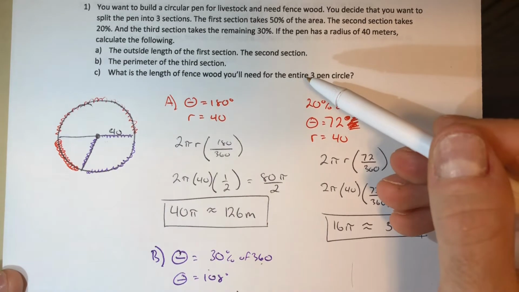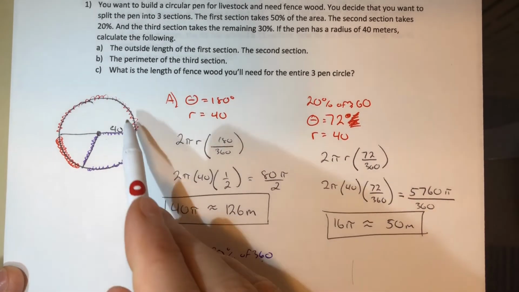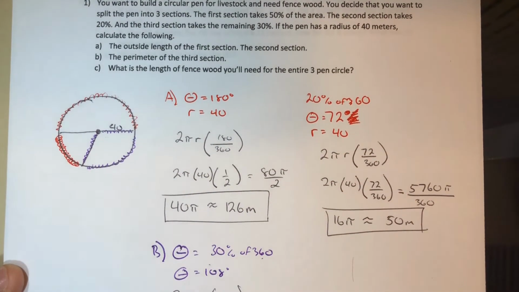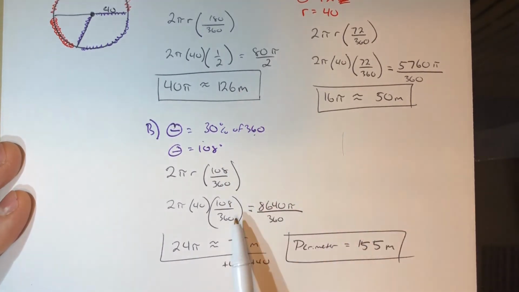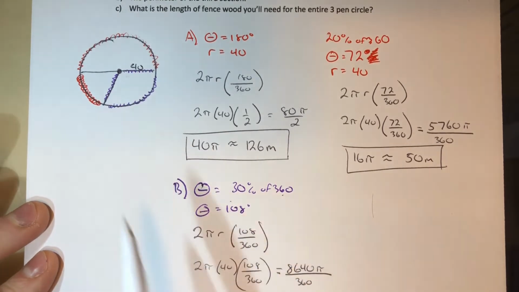What is the length of the fence wood you'll need for the entire 3-pen circle? Well, I know what this length is now. I know what this length is, and I know what this length is. So I could add up my values of arc length, and arc length, and add up 1, 2, 3 radii.